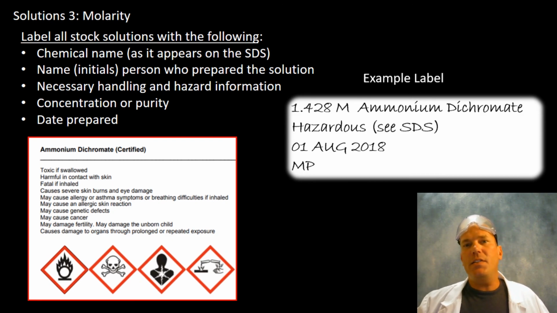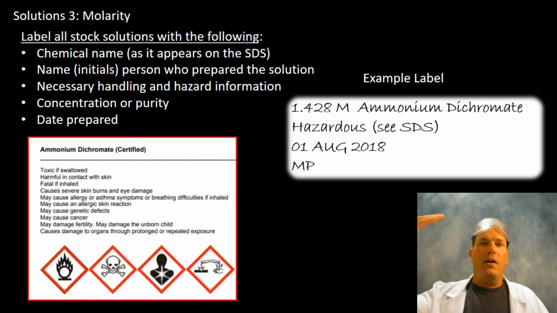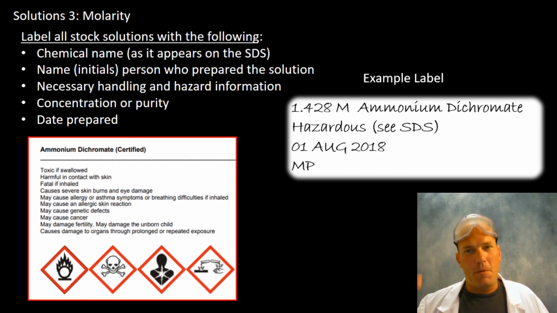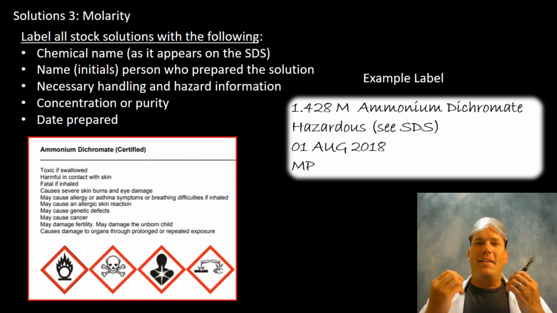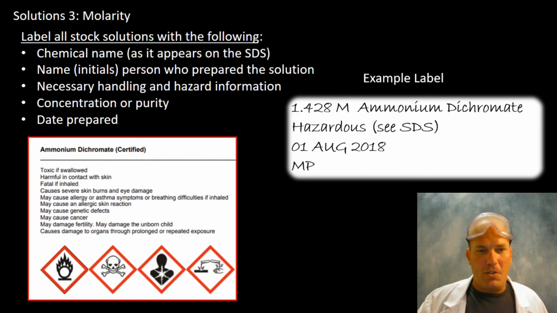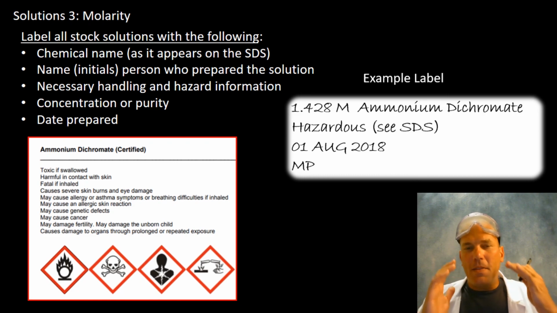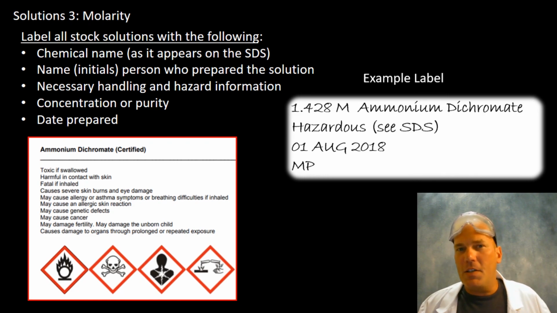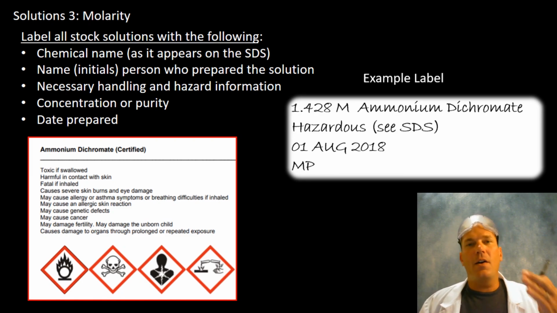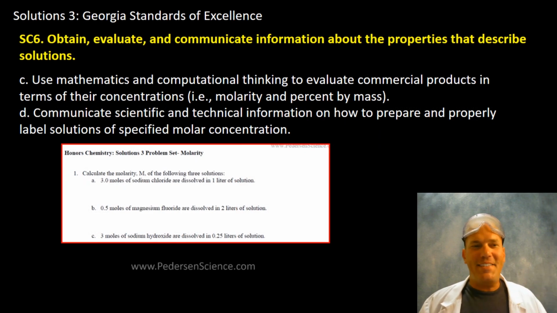Hazardous. See the safety data sheet. All right. The date. Remember how we always write the date, okay? And then lastly, your initials. So these are the methods that I want you to use, and these are also the methods that are outlined in our Georgia Standards of Excellence.